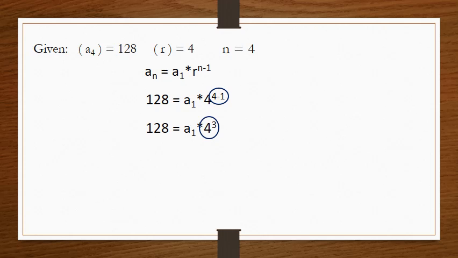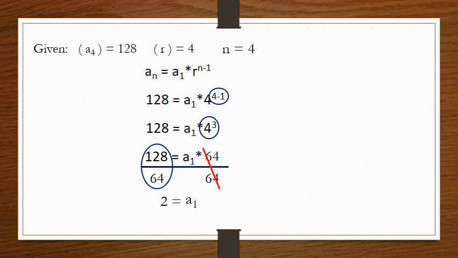Then, simplify yung 4 to the third power is equivalent to 64. To get the value of a sub 1, divide both sides by 64. So, a sub 1 now is equal to 128 divided by 64, which is equal to 2. So, the first term is 2.